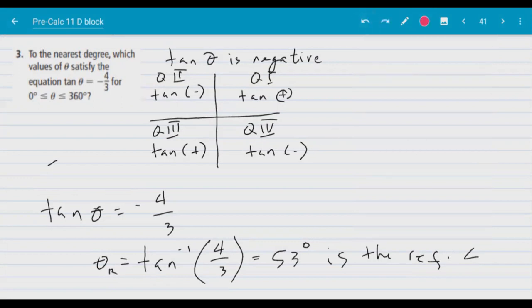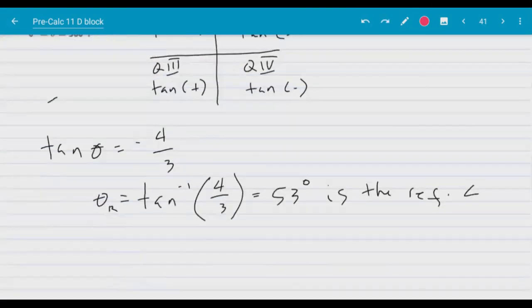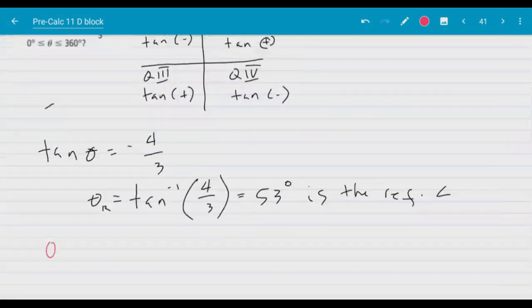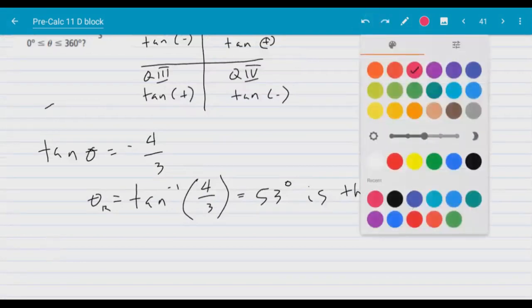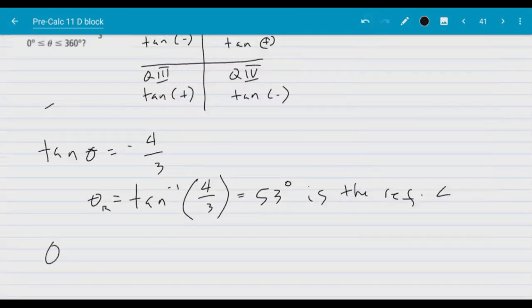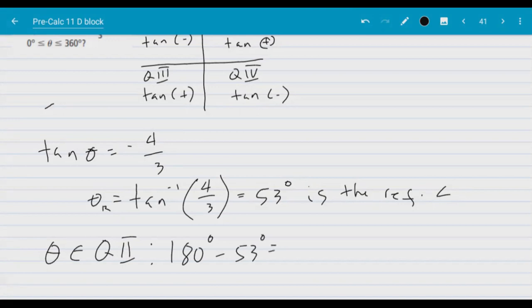If our reference angle is 53 degrees and theta is in quadrant 2, then to find the angle we're looking for, it would be 180 degrees minus 53 degrees, and that gives us 127 degrees.